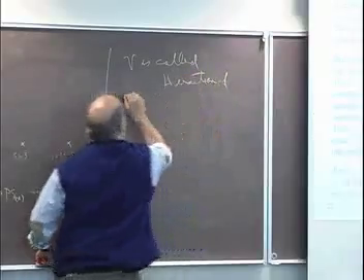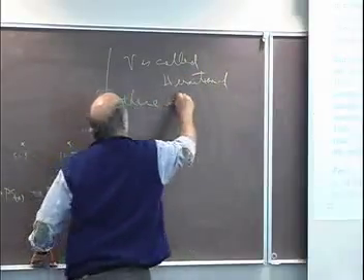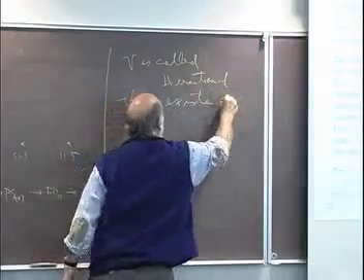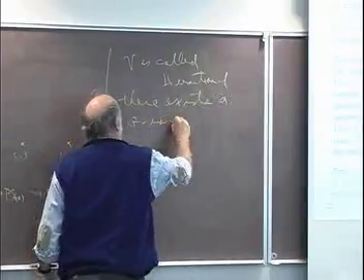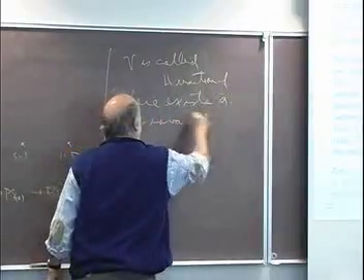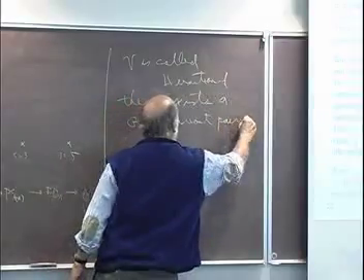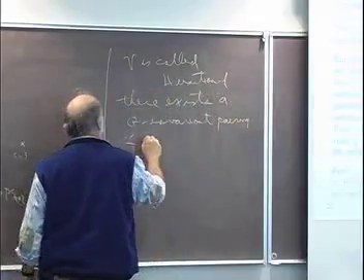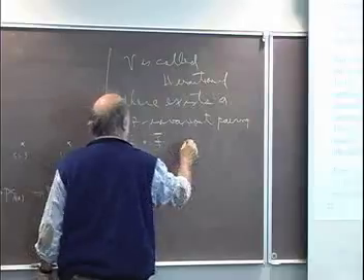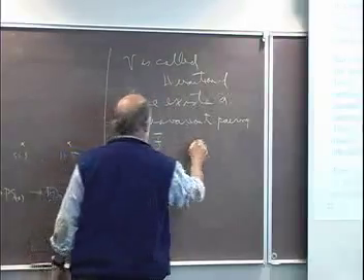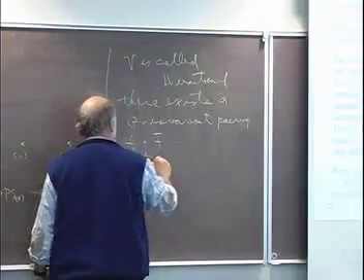If there exists a G-invariant pairing, F dotted with F bar, it looks like this, and it's unitary if this is positive definite.